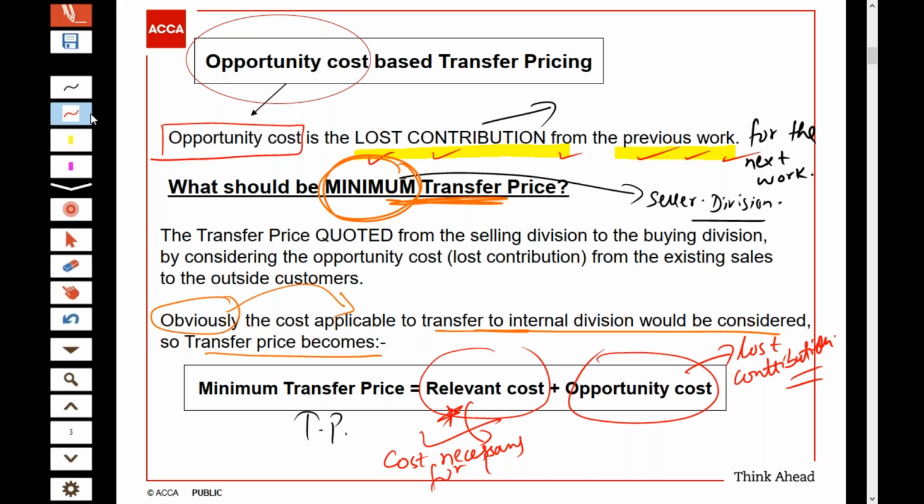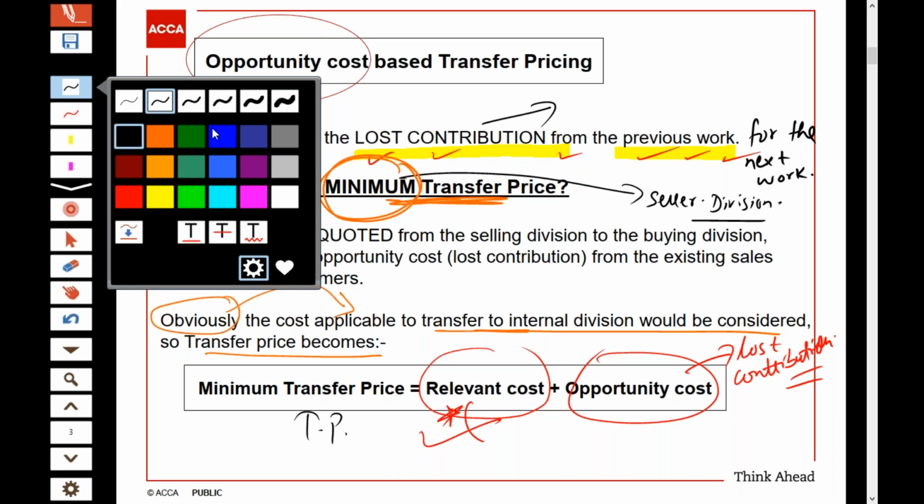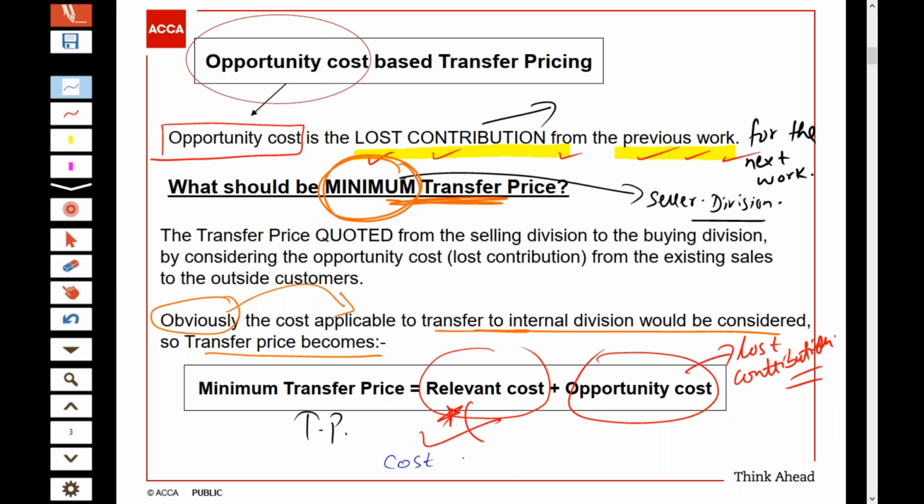I will be using blue color so that it may be easily visible. Obviously, I will charge my cost, and if I lose some contribution, then I will also receive it from you. So the minimum transfer price would become relevant cost plus opportunity cost. It's so simple, no need to worry about that.